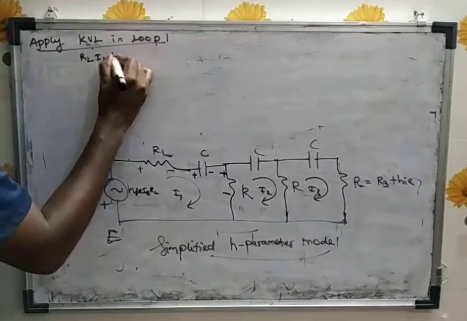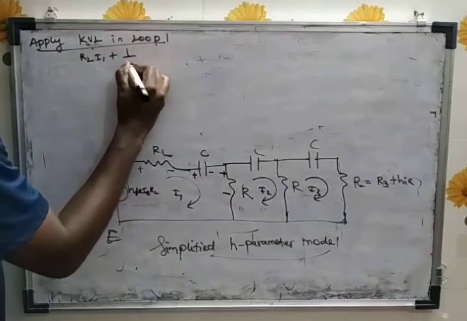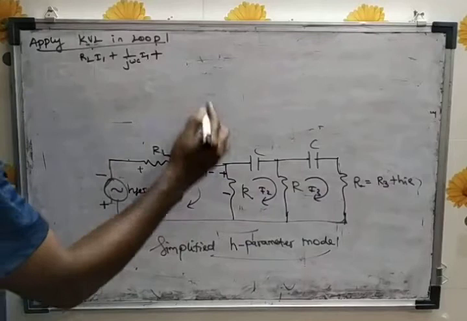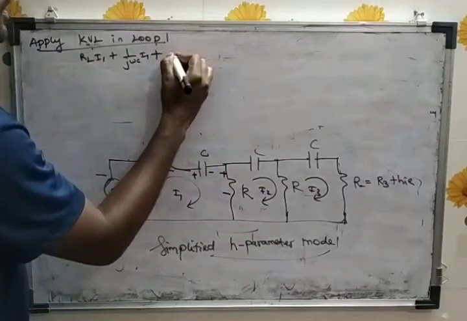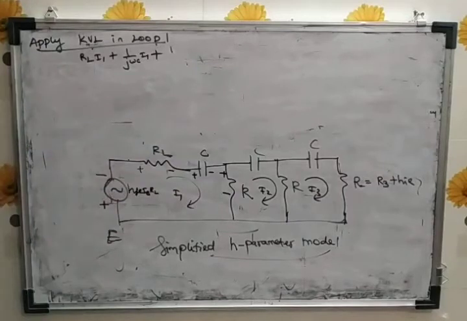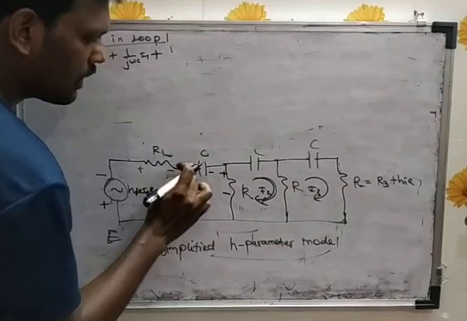RL I1 plus 1 by j omega C into I1 plus 1 by j omega C, here you are having I2 current, here you are having I1.